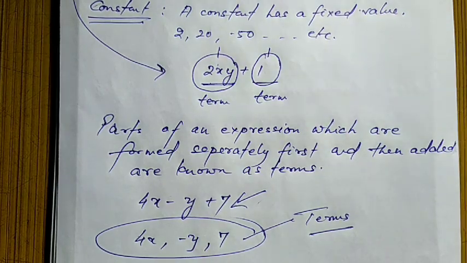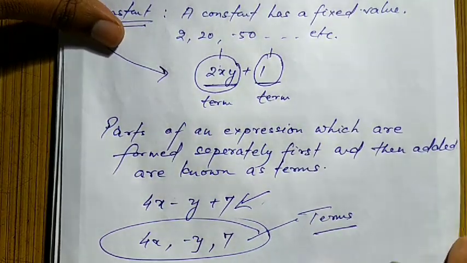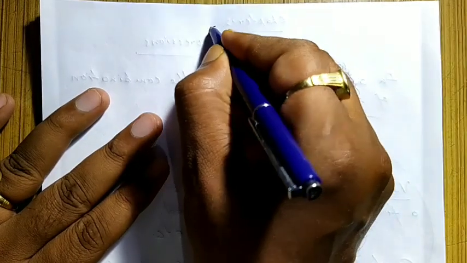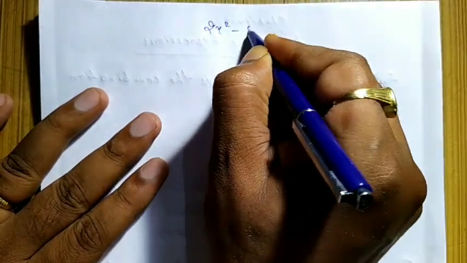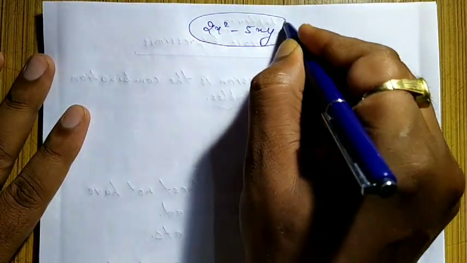Okay, now see one more example. Suppose 2x square minus 5xy is given. So what is this?